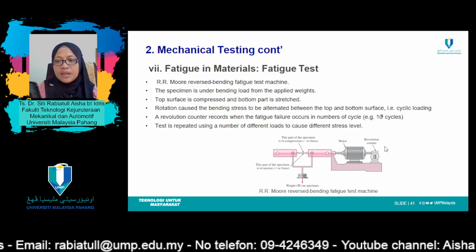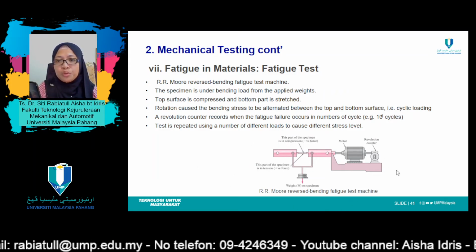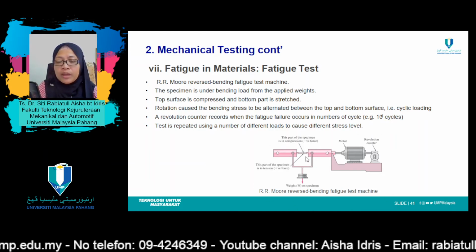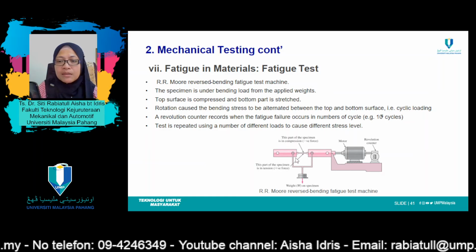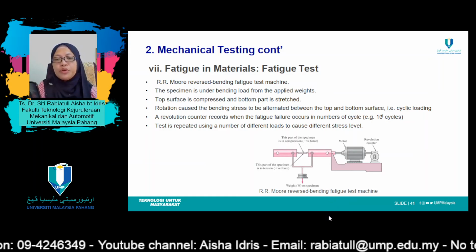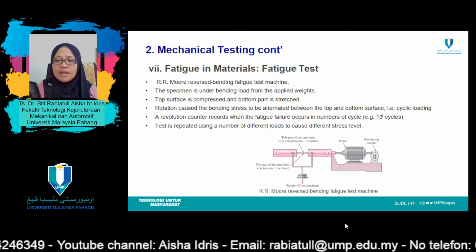And this is the machine used to conduct the fatigue test. The specimen is placed somewhere here, then cyclic loading will be introduced to the specimen using this type of machine.